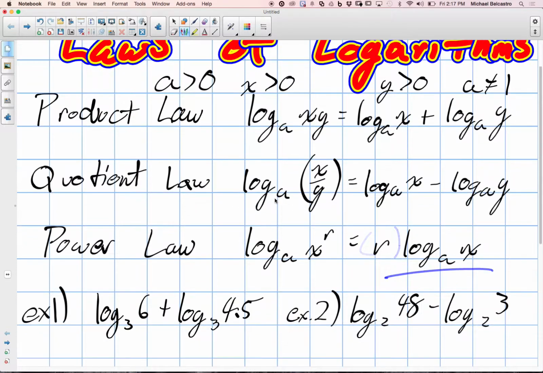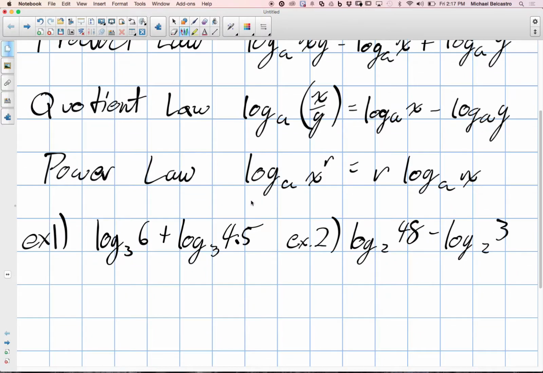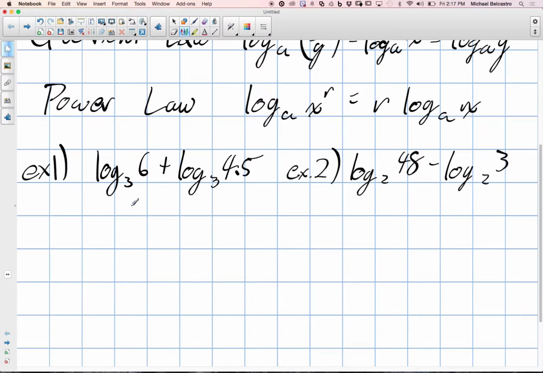Okay, so let's go through a couple of examples using these laws. So the very first one, we have log base 3 of 6 plus log base 3 of 4.5. Without a calculator, the easiest way would be to make this some power of 3, but there is no simple power of 3 that is equal to 6.